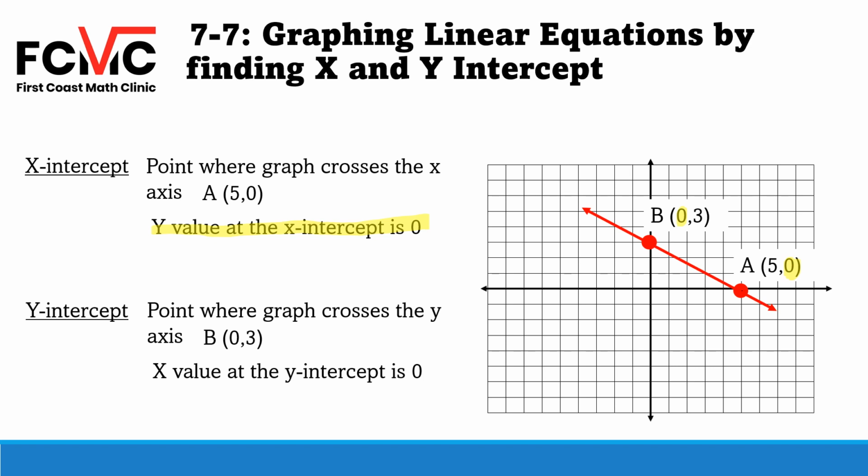Again, the important information: at our x-intercept, y is equal to 0, and at our y-intercept, x is equal to 0. This is the information we're going to use to find our intercepts, because once we find these two points, we can graph them and graph our line. So let's get into some examples where we find our x-intercept and our y-intercept and graph our line.